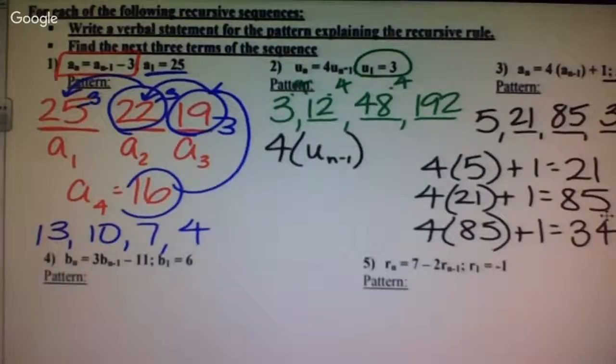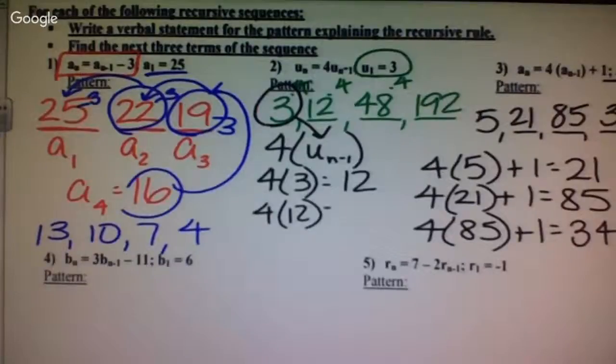I'm taking this number and plugging it in for here like it was x. So 4 times 3 gives me 12. Then instead of 3 there, I plug in 12, which gives me 48. And then instead of 12 there, I plug in 48.